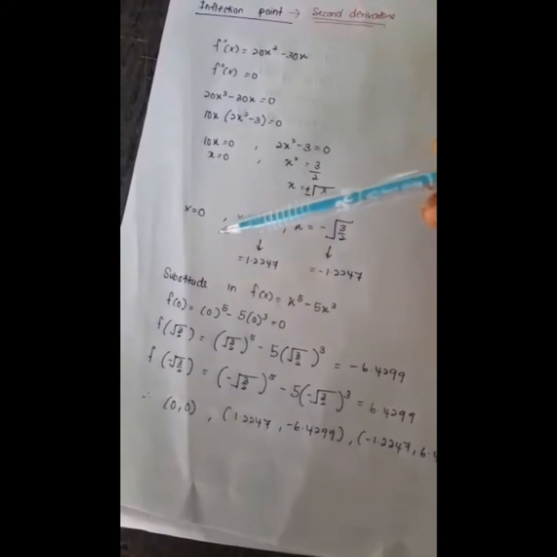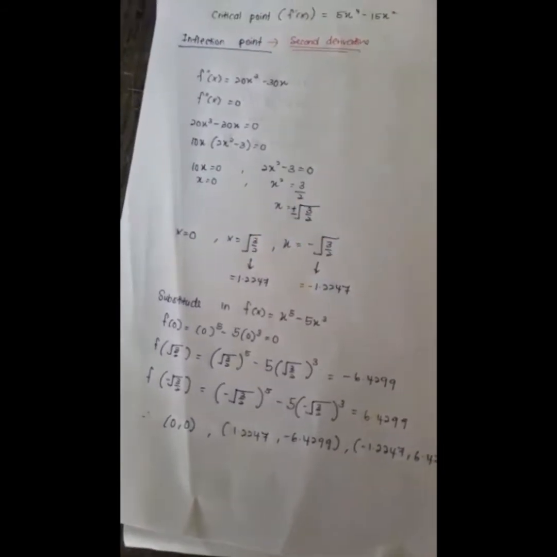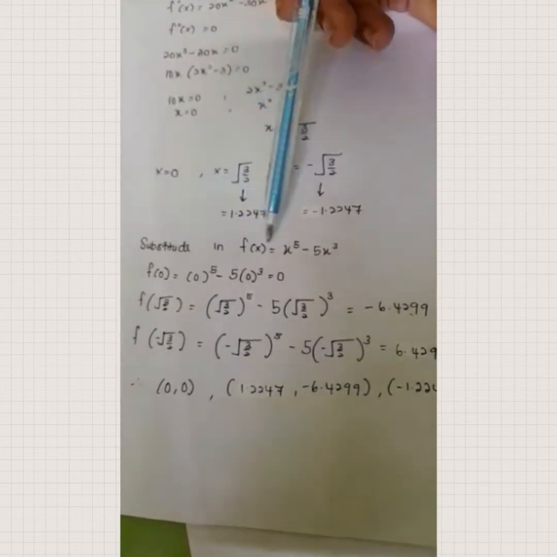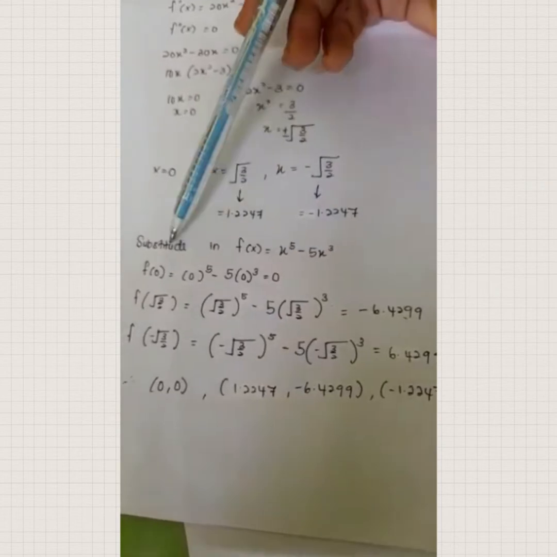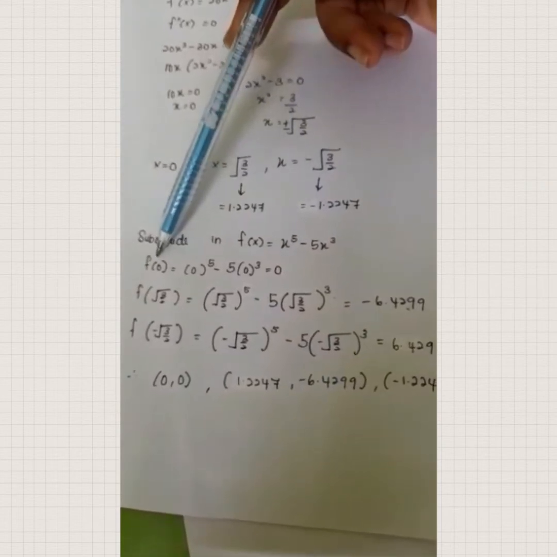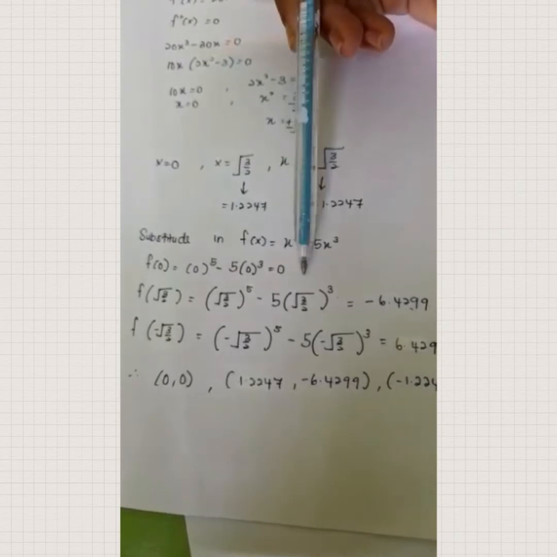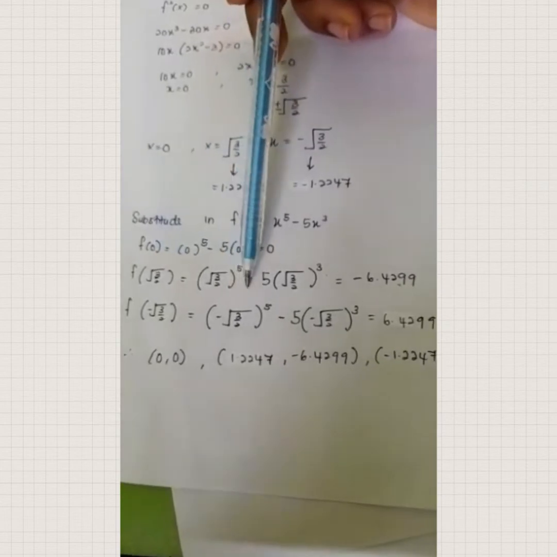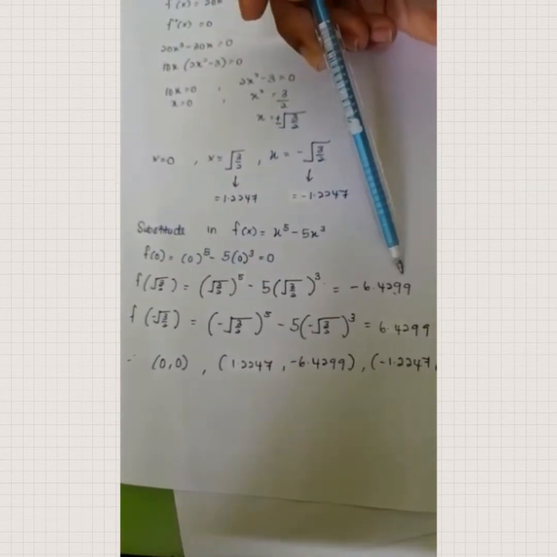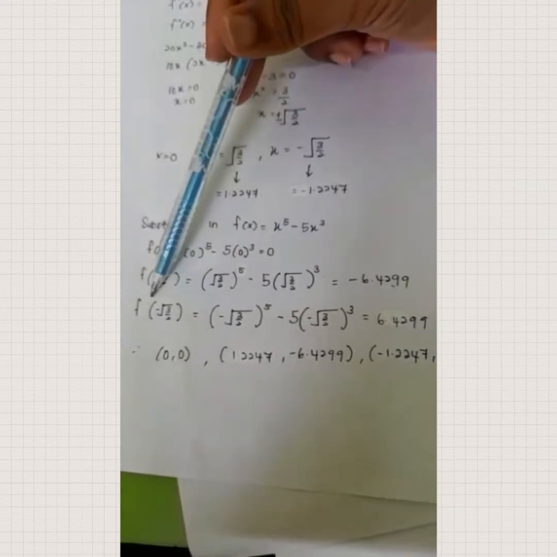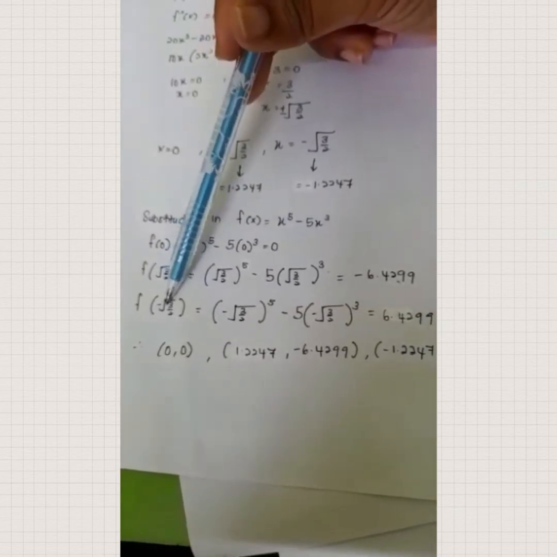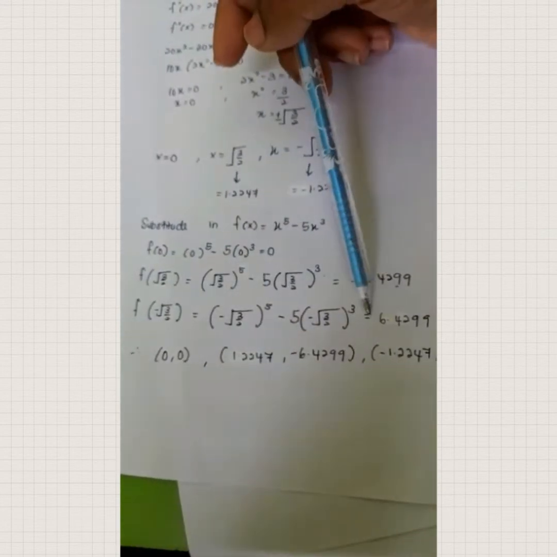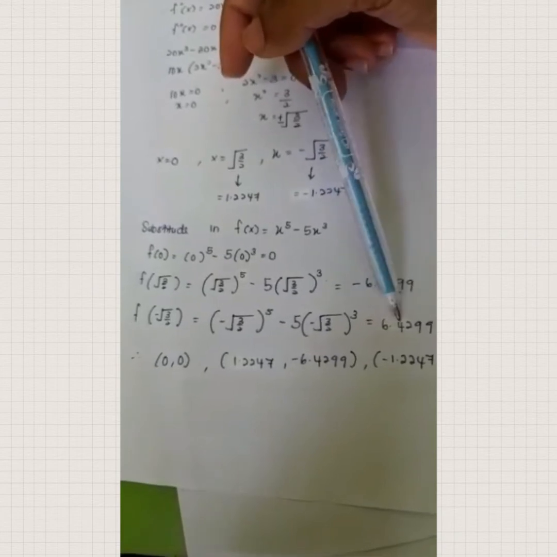After finding these x values, we have to substitute them into our function. If we substitute x equals 0, we get f x equals 0. If we substitute positive square root 3 over 2, we get f x equal to negative 6.4299. If we substitute negative square root 3 over 2, we get f x equal to 6.4299.